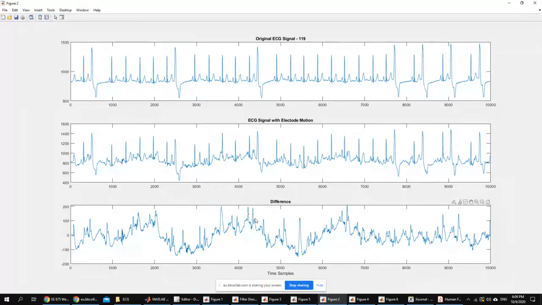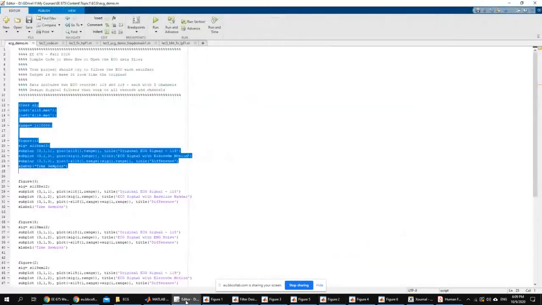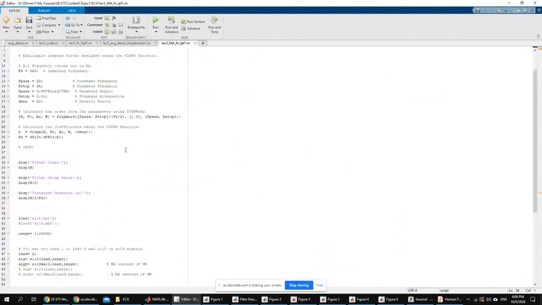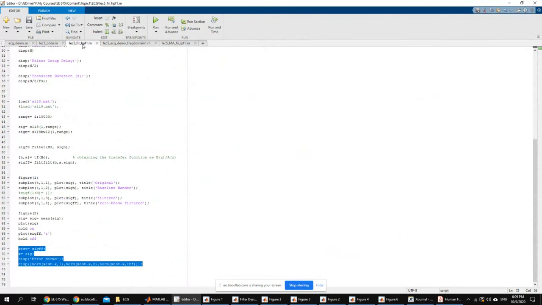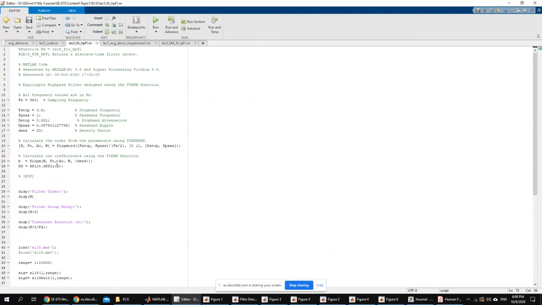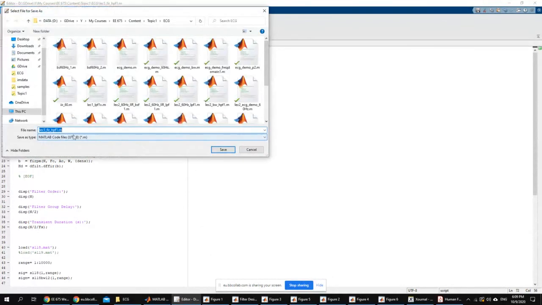If you want, you can apply these filters one at a time. So I can take this signal, for example, as you see here, this is signal 119. Try this particular signal, 119, and try to remove only the component that has the low frequency, the baseline wander. So in this filter, this is a high pass filter, the electrode motion high pass filter.